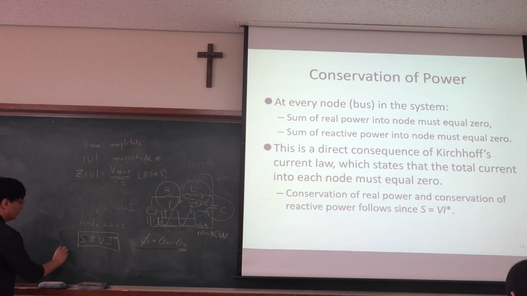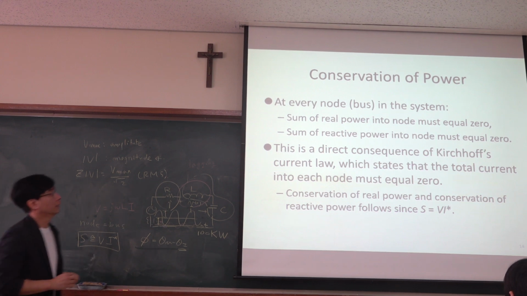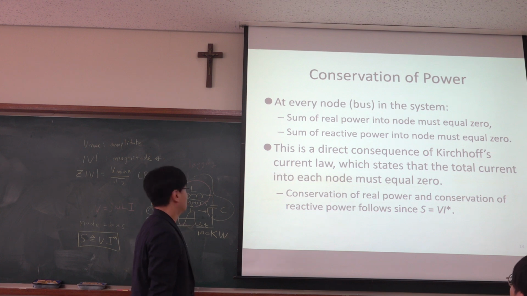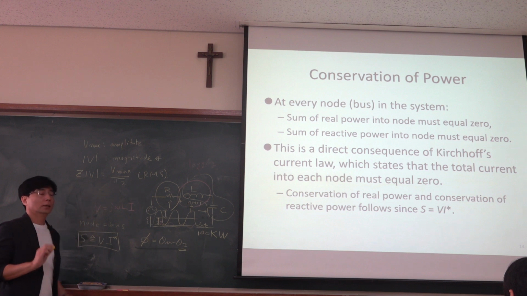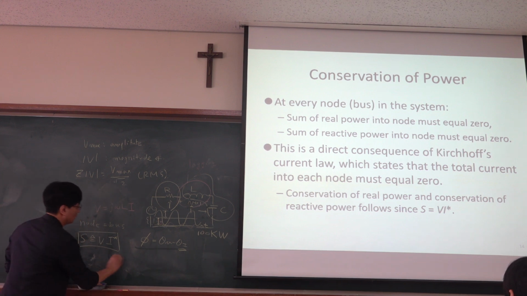Later we will derive this kind of relationship. Here this Y is the admittance matrix of the power system. At that time, we still use this formula. I will talk about this later, so you don't need to focus on this yet. Anyway, from Kirchhoff's current law, we have a node, we have many links, and the sum of all incoming current becomes 0.